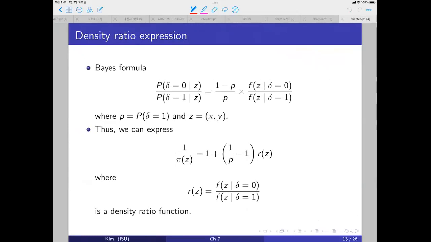The first idea is that we can use Bayes' theorem to obtain this kind of result. So what is going on here?